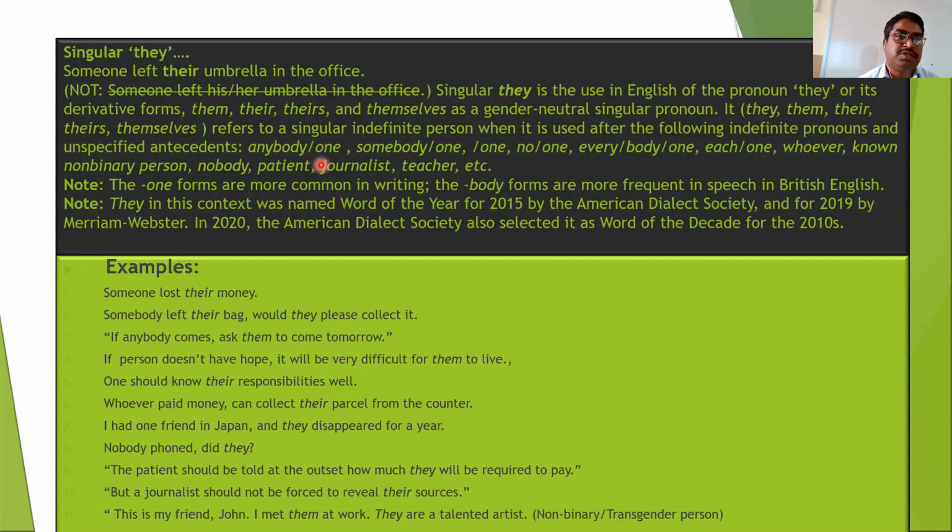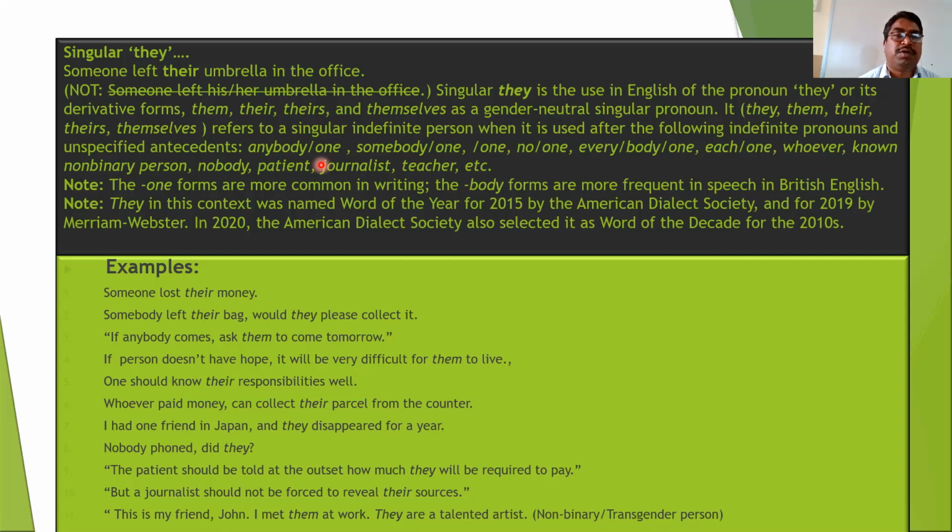He and she are used only for humans, but it, a third person singular pronoun, can be used for both living and non-living singular objects. And again, the pronoun they can be used for both living and non-living objects.